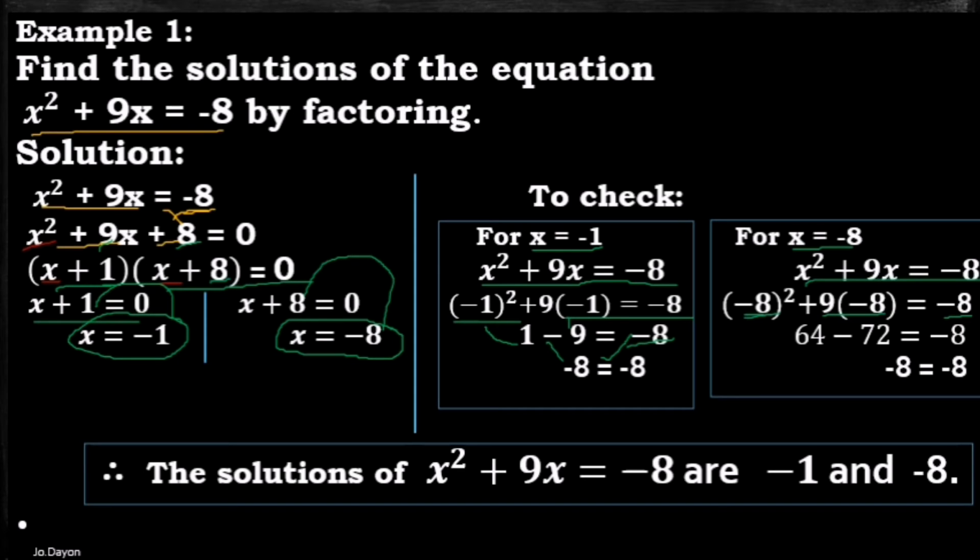Negative 8 squared, the answer is 64. 9 times negative 8, the answer is negative 72 equals negative 8. 64 minus 72, the answer is negative 8. And we have also negative 8 on the right side of the equation. So we have a balanced equation. Therefore, negative 8 also satisfies the given equation. The solutions of x squared plus 9x equals negative 8 are negative 1 and negative 8.